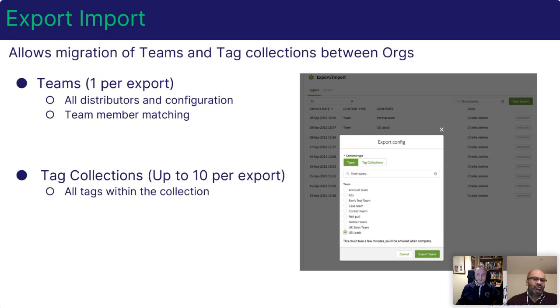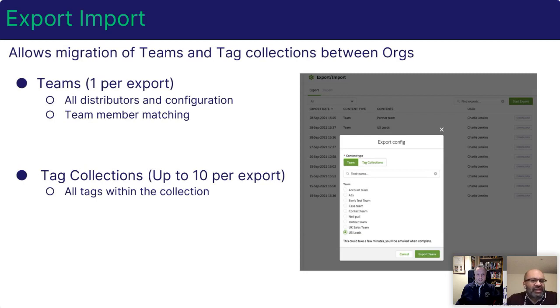Next, you would head across to your other org, go to the distribution settings screen again, and select that file as an import. It will tell you what's going to come across, as well as any problems or conflicts that might happen. If potential errors are detected, for example, a team member doesn't exist in that org, you can go and resolve those before coming back to start the import.